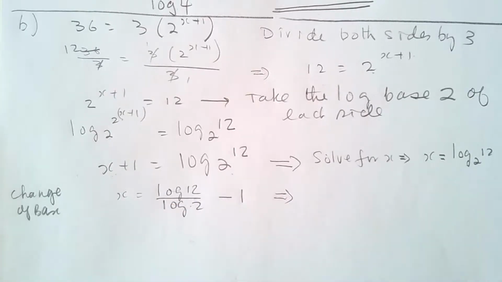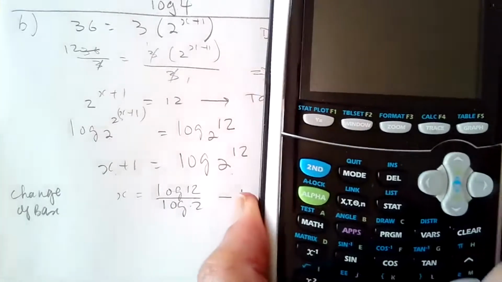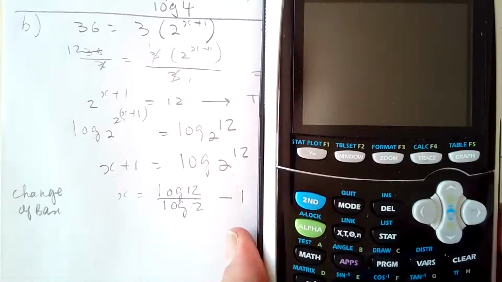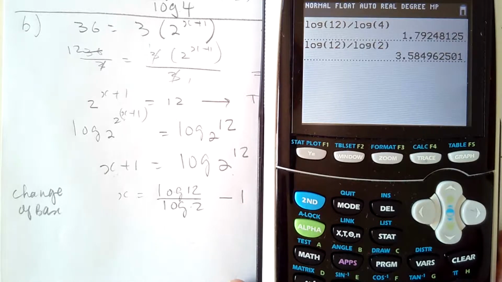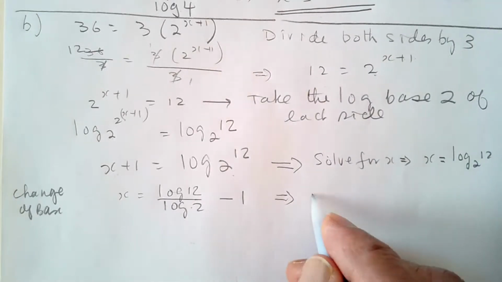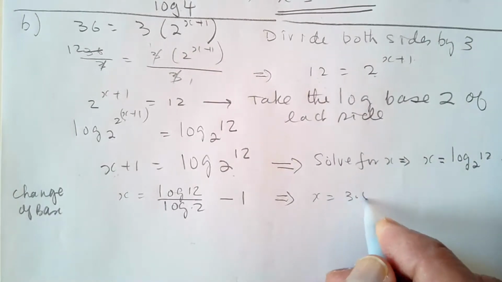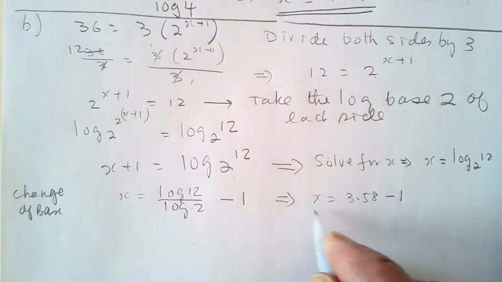So log 12 over log 2, we'll go to our calculator here. So log 12 divided by log 2 equals 3.58. So x is equal to 3.58 minus 1.